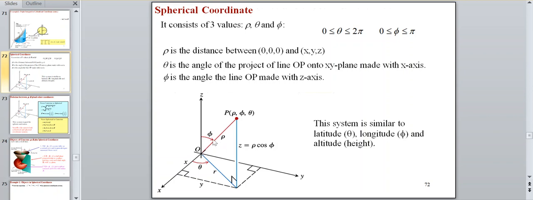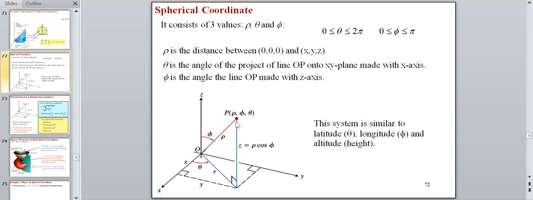Now this line segment OP makes some angle with the positive direction of the z-axis. We denote this angle by phi. So this is rho, the distance, and this one is phi.